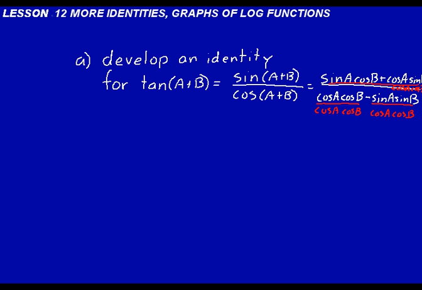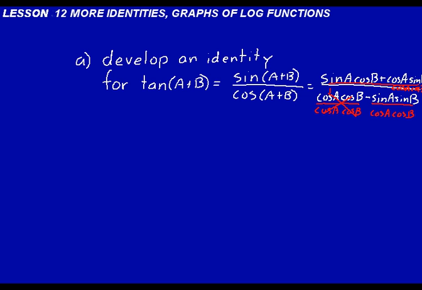Kind of running out of room over there on the right. But hopefully you get the idea there. So what's going to happen, cosine A, cosine B, that term on the denominator, that's going to equal 1. And there's nothing else we can cancel in the denominator. So let's just go ahead and rewrite this. Let's think about that first term in the numerator.